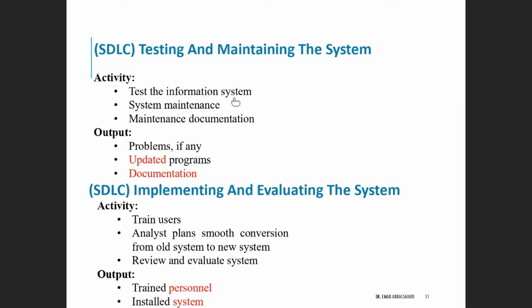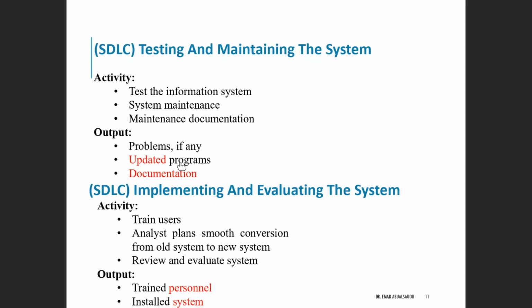So testing the information, the system maintenance, also you have to put it into a plan and document the plan, how you maintain the system. The output will be problems, if any. So if it happens, you resolve it at that time before you implement it.